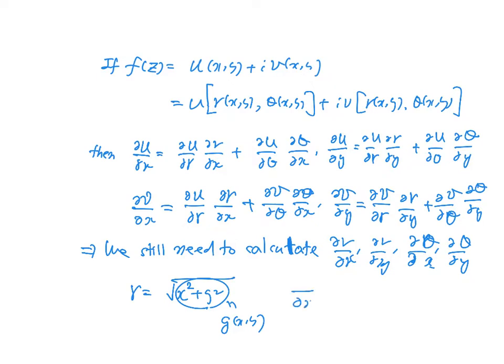Partial r over partial x is dg^(1/2) over dg times partial g over partial x.